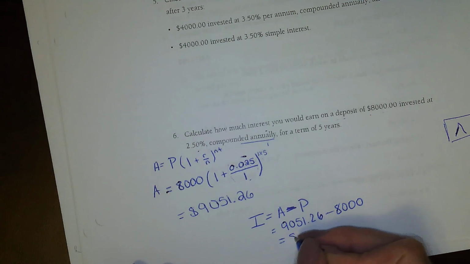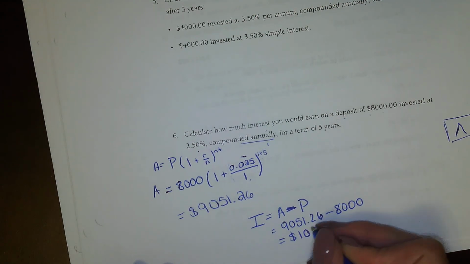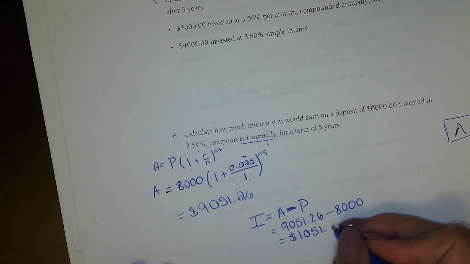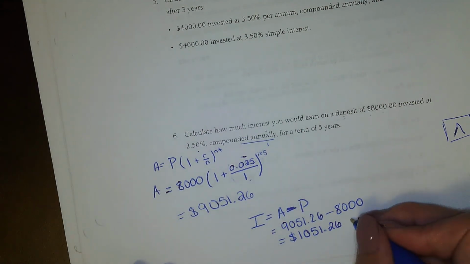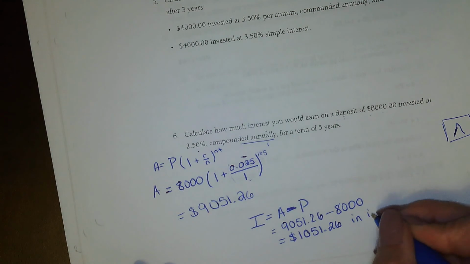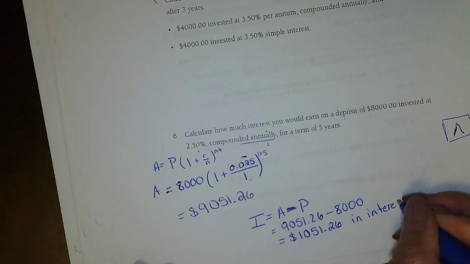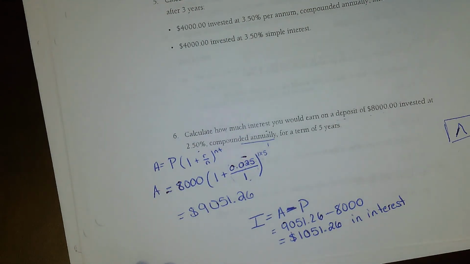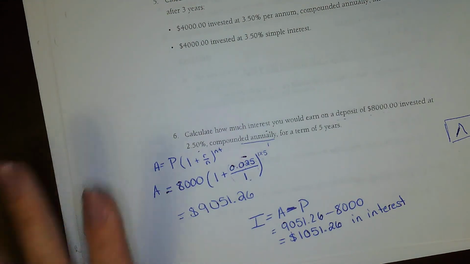In the end, you made $1,051.26 in interest, just for letting your money sit there for 5 years. Right? So might be an extra trip to Mexico if you get a good deal.